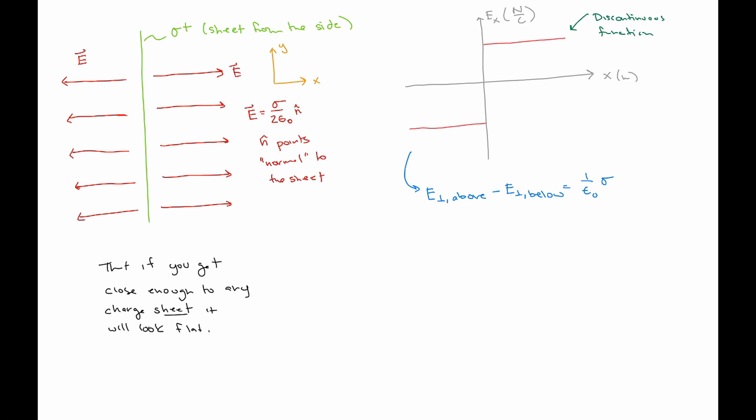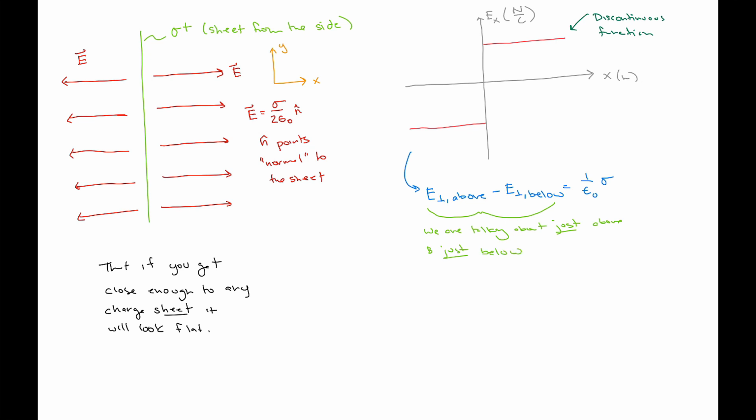But I want to make it clear that when I'm thinking about different sheets, particularly things that are not infinite sheets, I can still do this, but it's important to remember that we are talking about just above and just below.